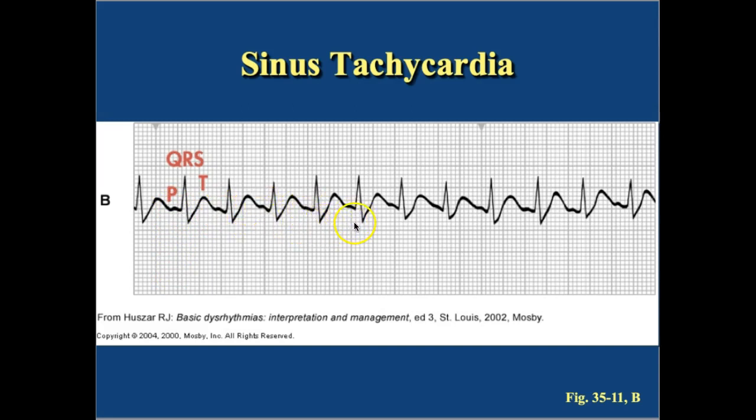This is kind of a rough rhythm because you can't always see the P wave real well, but you can see a little indentation there. For the most part, this is a sinus tachycardia, because you have a P wave before every QRS, but it is a rapid rate.